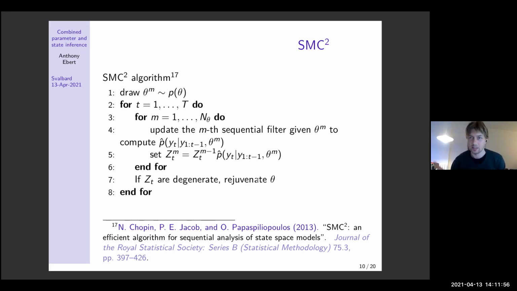Right. And in that way, you can generate new fixed parameter proposals.